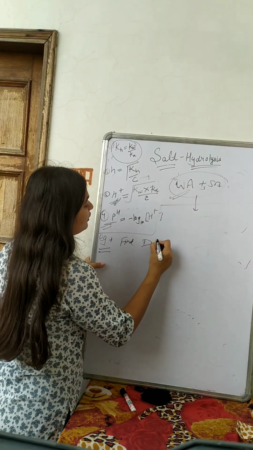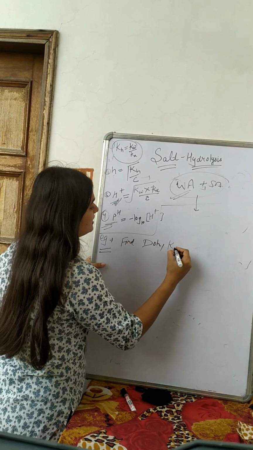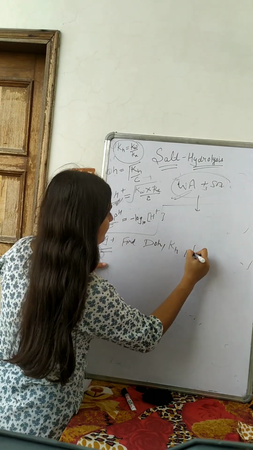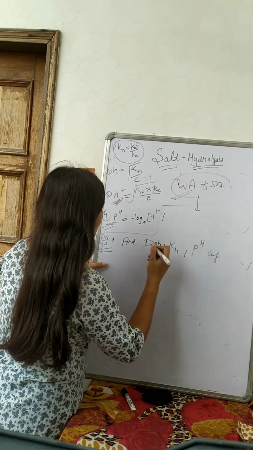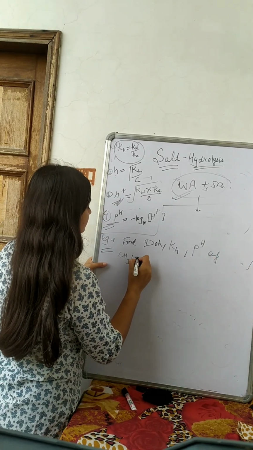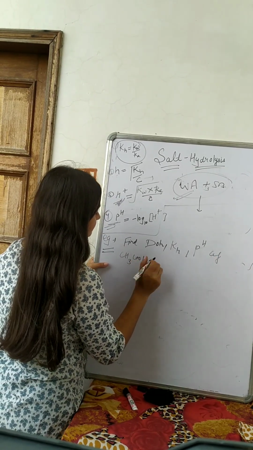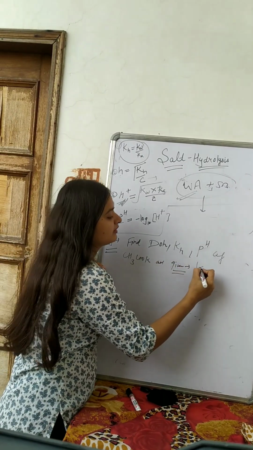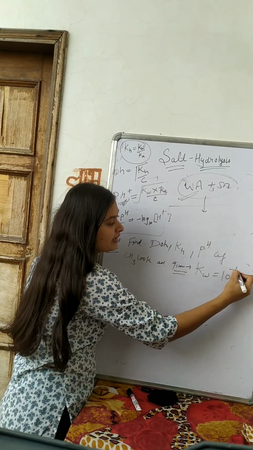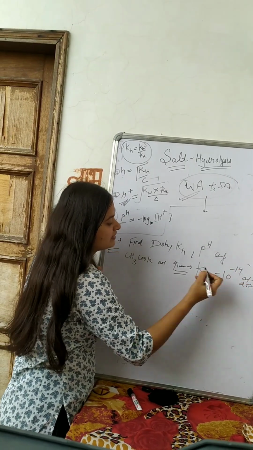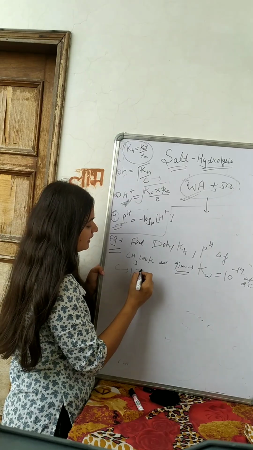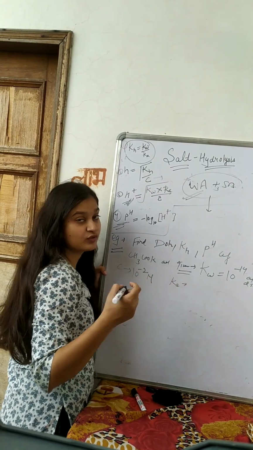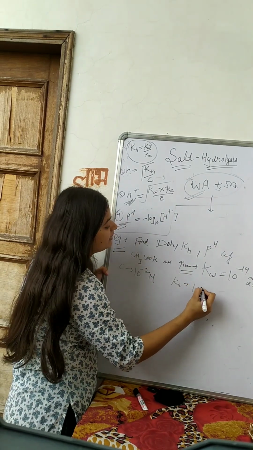Okay. So to better understand this concept, we take a numerical: find the degree of hydrolysis and the hydrolysis constant of the salt and the value of pH of the salt. Given values here: Kw is equal to 10 power minus 14 at 25 degrees Celsius, concentration is 10 power minus 2 molar, and the value of Ka is also given, that is 10 power minus 4.